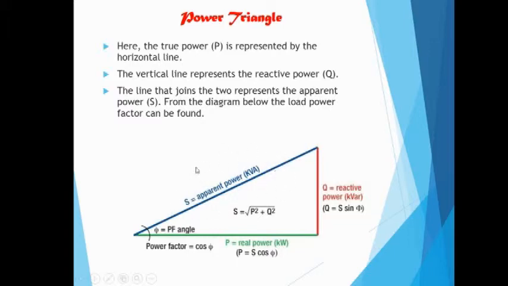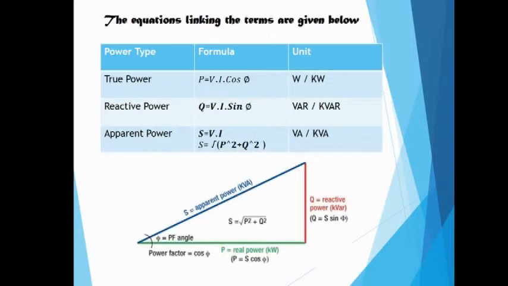Q, the vertical red line, represents the reactive power, and it's measured in kilovolt amp reactive or volt amp reactive. If you join them together, the line that joins the reactive power and the true power is your apparent power, S, measured in volt amps or kilovolt amps.